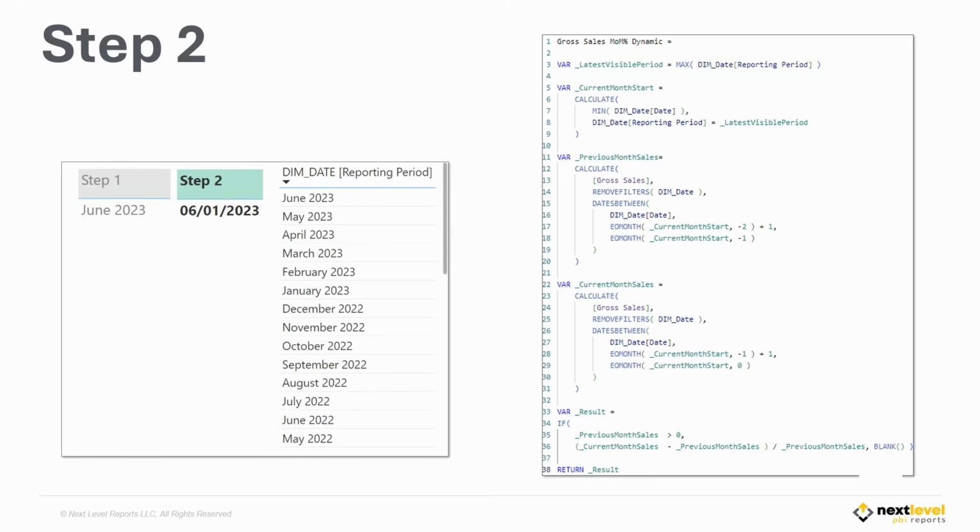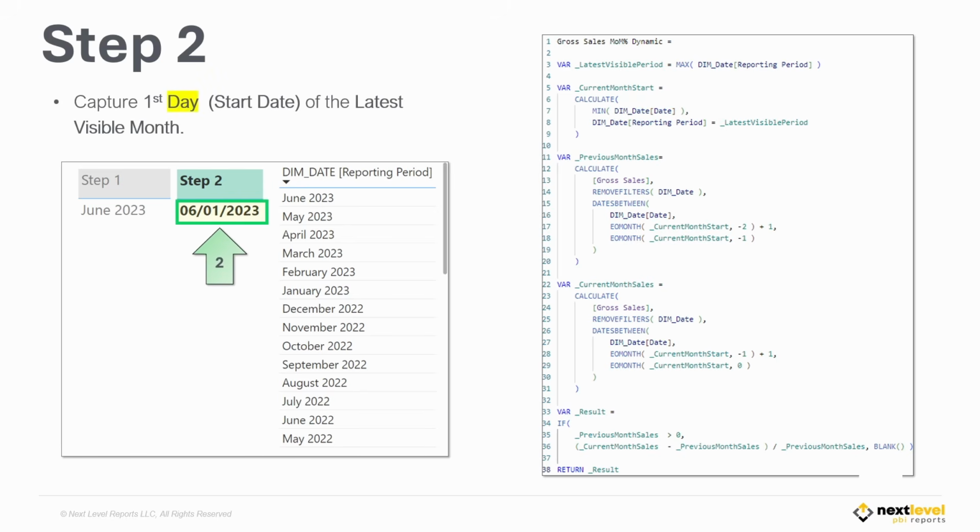Now that we've captured the latest visible month, we now want to grab one of the days that exist within that latest visible month. So here we can see we're using the calculate function to bring in the earliest date of our latest visible month. Now the calculate function itself would require a whole other video. Feel free to let me know in the comments if you want me to create a video on the calculate function as well. Okay, so in this example, our latest visible period happens to be June of 2023.